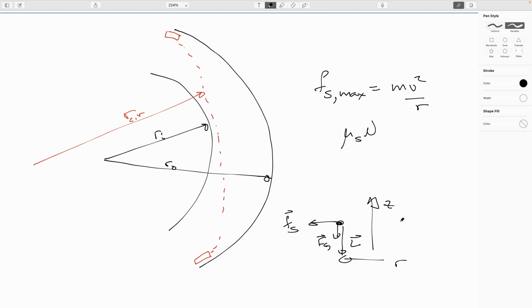The wings on the back of a race car are actually bolted upside down compared to an airplane wing. So where it'll help an airplane wing fly up, this is done to push the car down into the ground. And by doing that, you force the normal force to be greater than the force of gravity.